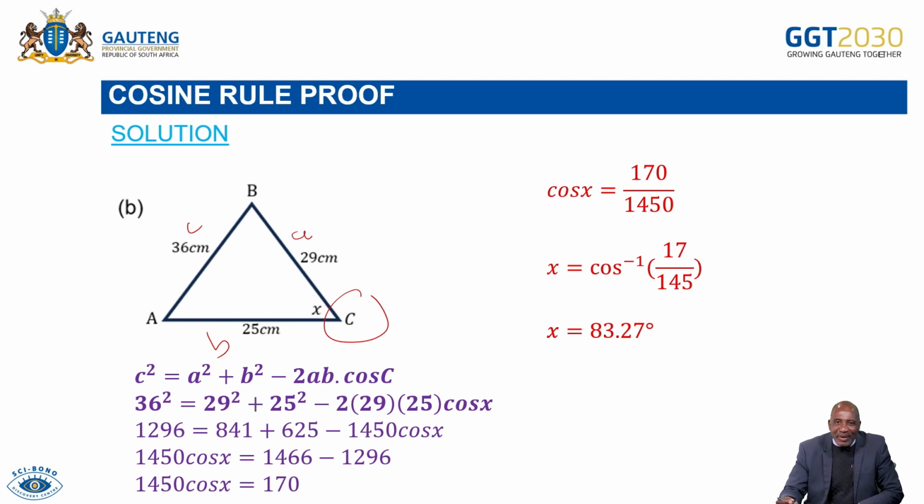So I'm solving for an angle here. It's going to be arc cosine of 17 over 145. When you divide both the numerator and the denominator by 10, you'll get 17 over 145. If you want to, you can keep it as 170 over 1450. It will still work. Then when you press that on your calculator, just press that and see what you get.